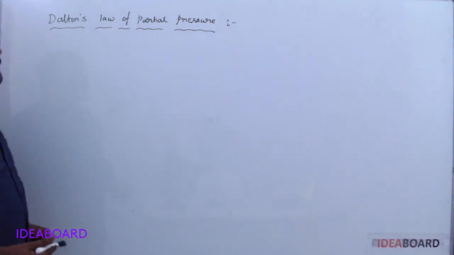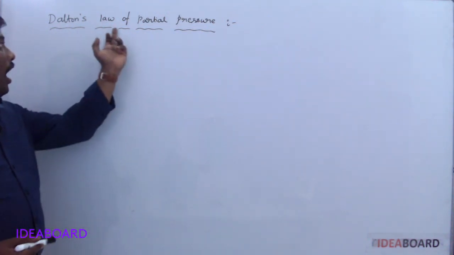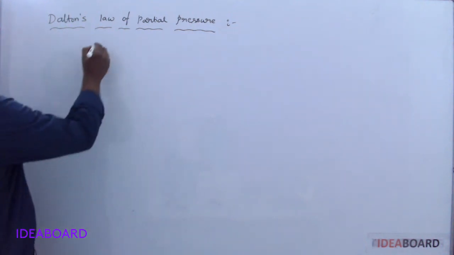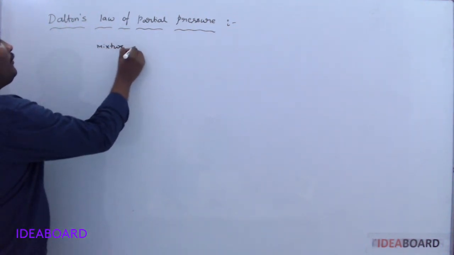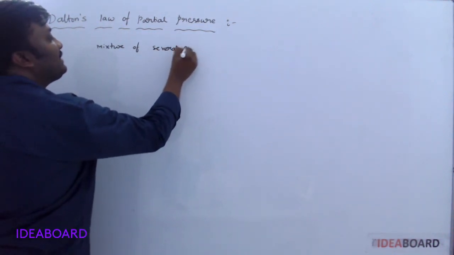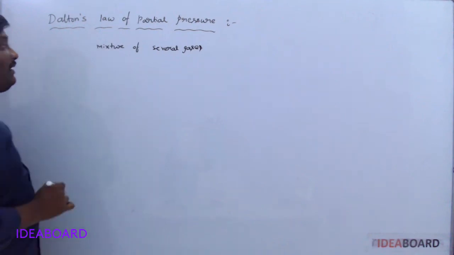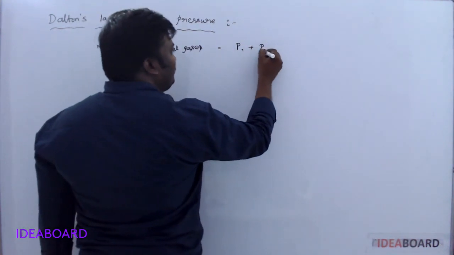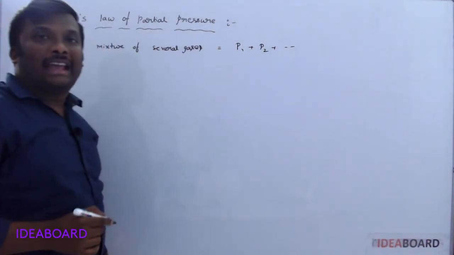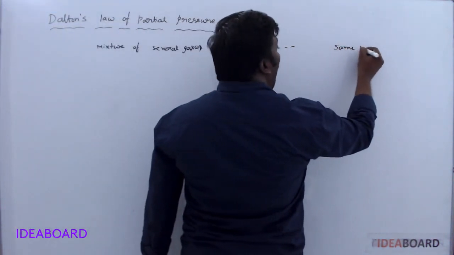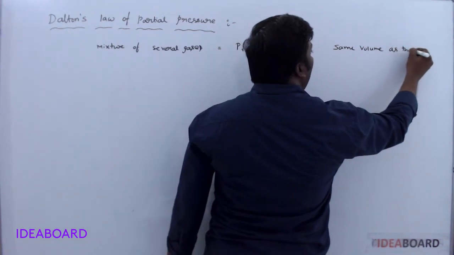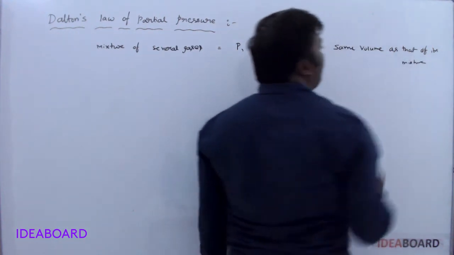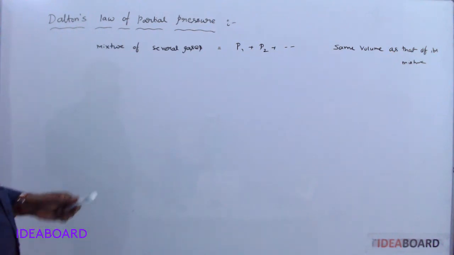Next one, Dalton's law of partial pressures. Dalton's law of partial pressures indicates that the pressure exerted by a mixture of several gases is equal to the sum of the pressures of the individual gases, each having the same volume as that of the mixture.